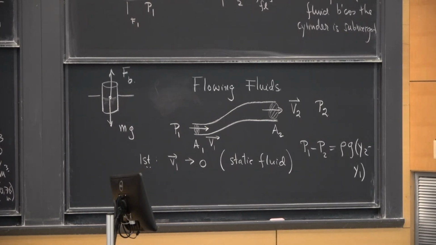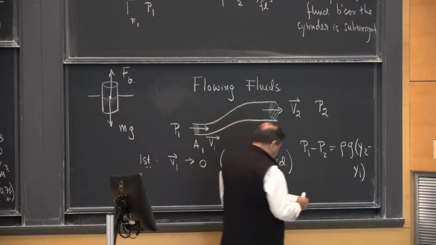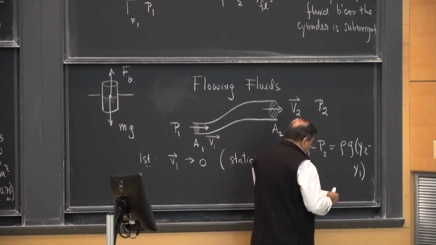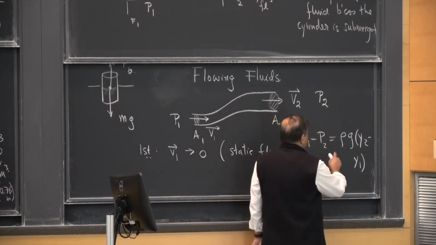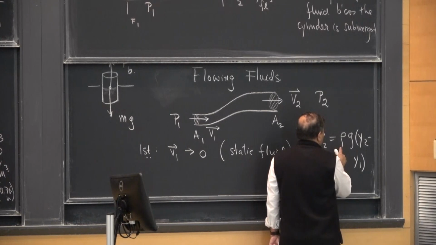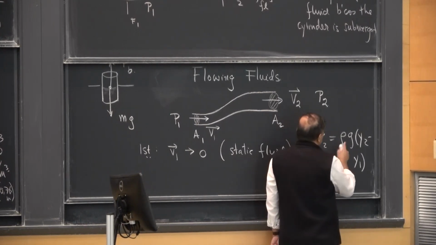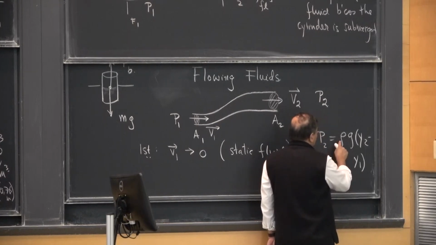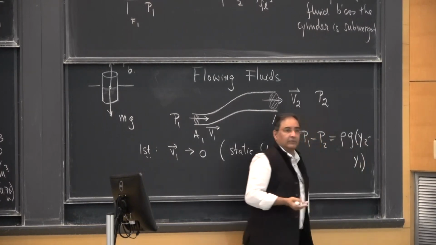So now I turn on the velocity, but before I do, let me just observe a few things. Here I actually have mass over volume. That's what gives me density. But let's forget about volume for a moment. So I have mg, and then a height difference.